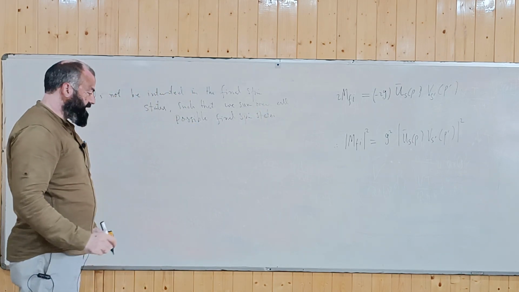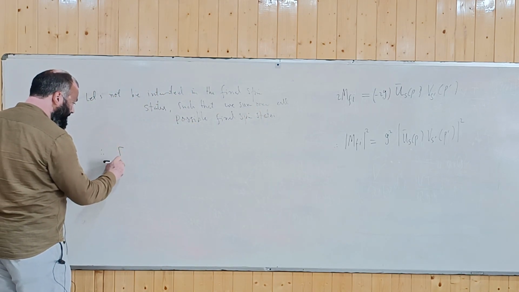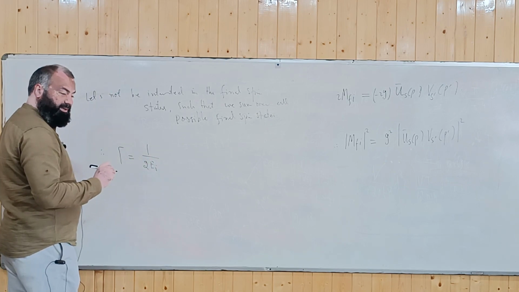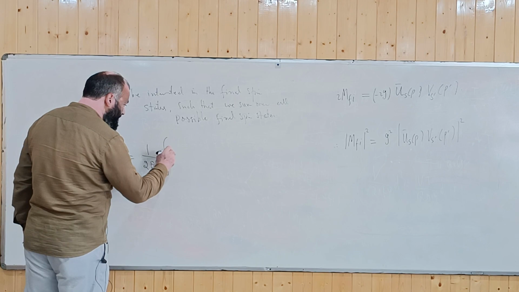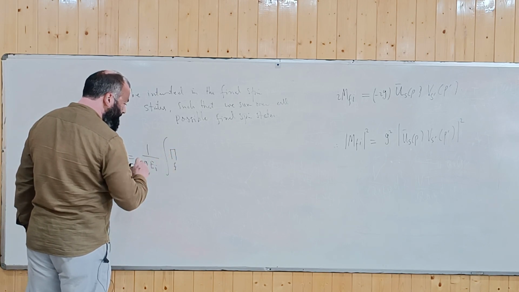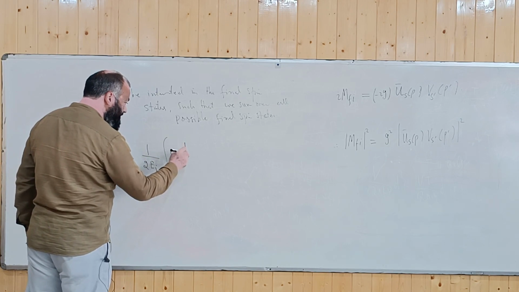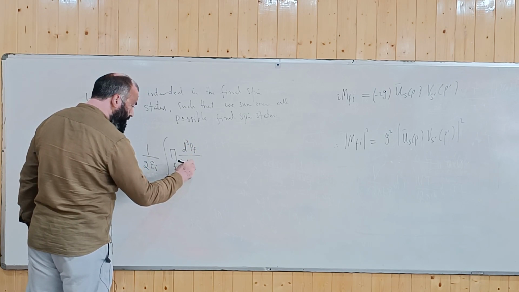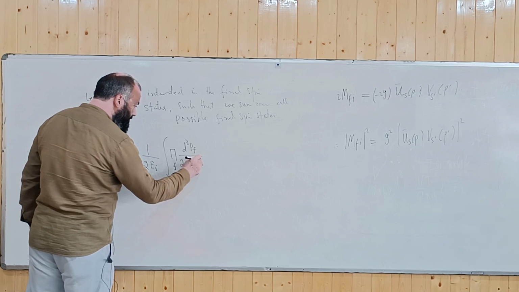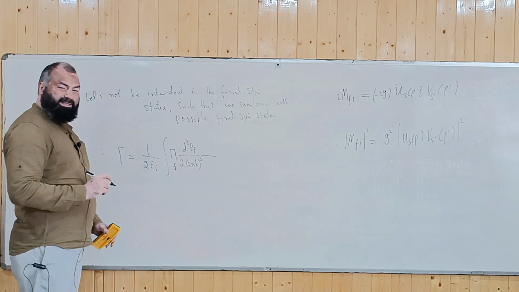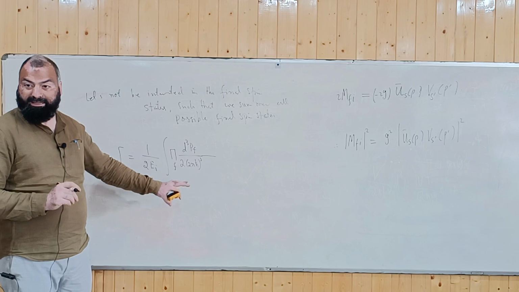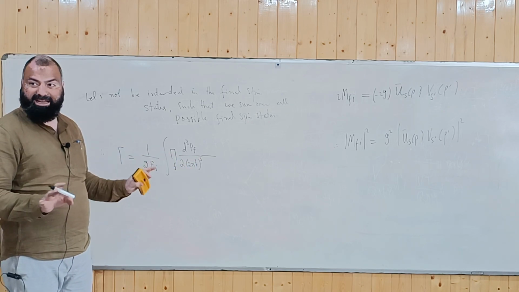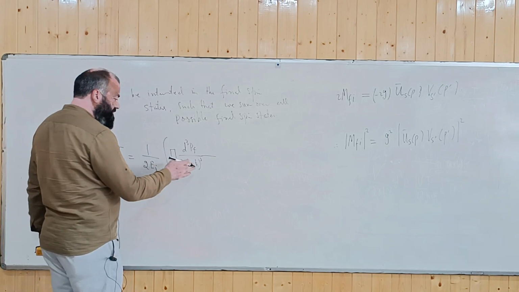So therefore I can write this decay rate gamma is equal to 1 divided by twice E_i. Clear? So integration over, let me write this final, d^3p_f divided by 2 into 2 pi. Since we have put h cross equal to 1, all the formulas we have considered have h cross equal to 1, so I will not use this h cross.